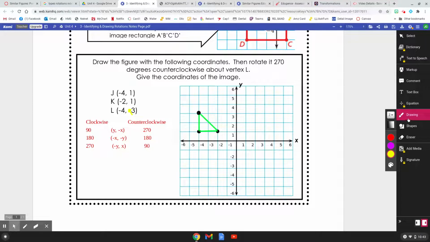So the first thing is we have to know what clockwise is. So remember on a clock, if the arm is turning, clockwise is going to be going this direction, just like a hand on a clock. So if we were going counterclockwise, it would do the exact opposite.